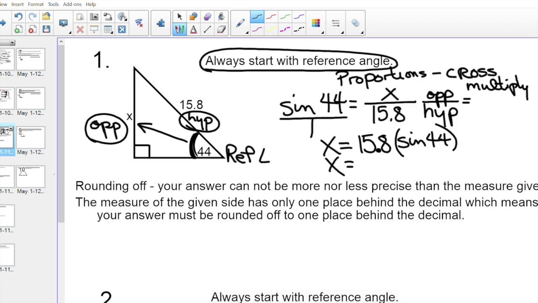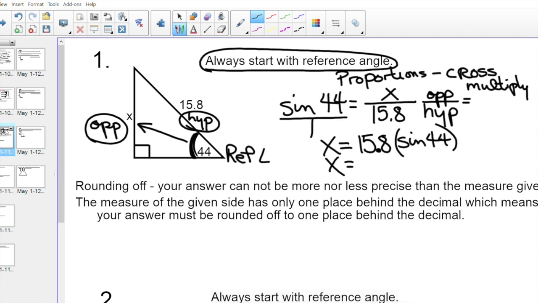So if you do that arithmetic, you will get a pretty long number. 15.8 times sine 44 equals.